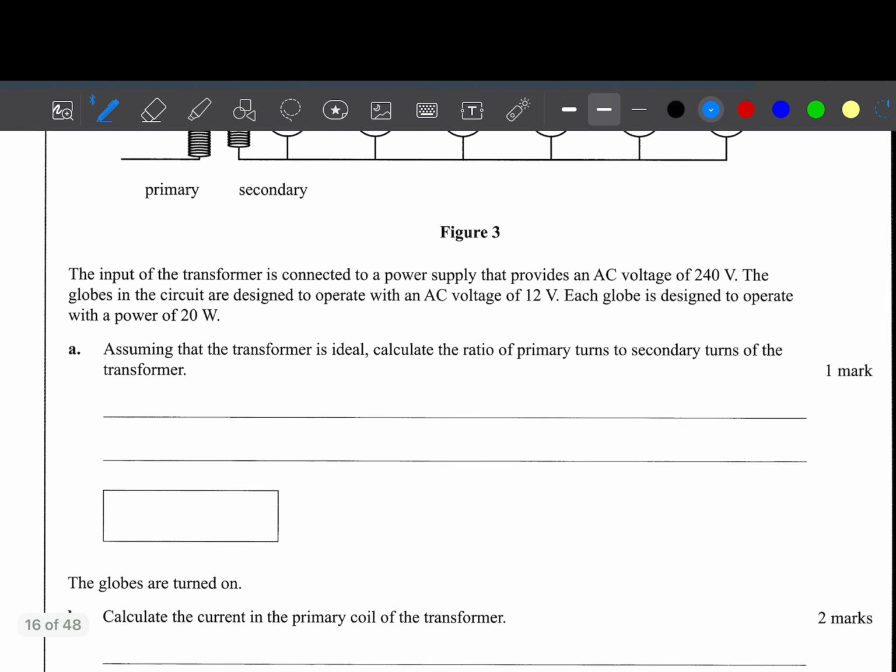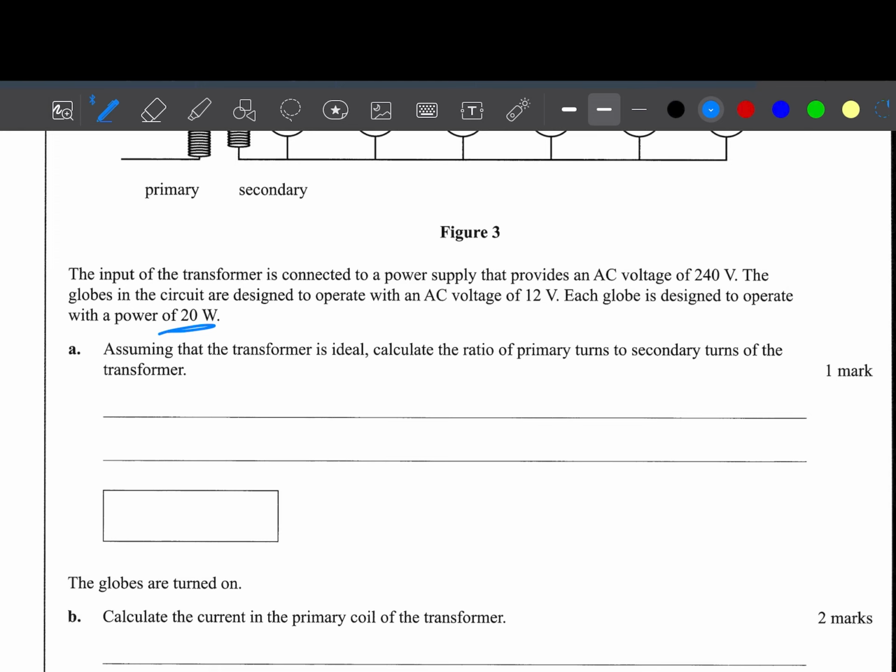The input of the transformer is connected to a power supply that provides an AC voltage of 240 volts. The globes in the circuit are designed to operate with an AC voltage of 12 volts. Each globe is designed to operate with a power of 20 watts. Assuming that the transformer is ideal, calculate the ratio of primary turns to secondary turns of the transformer.